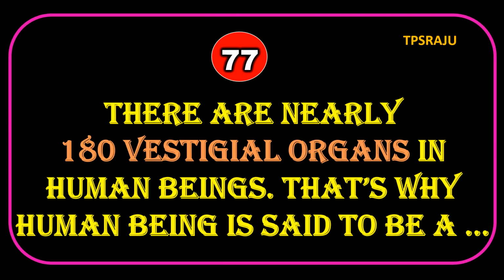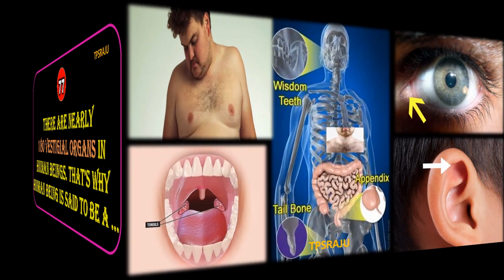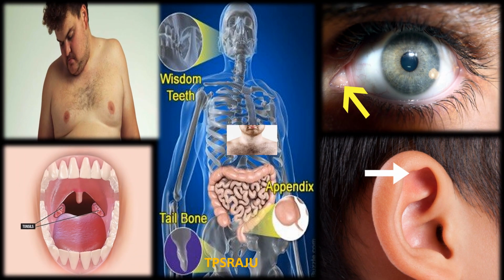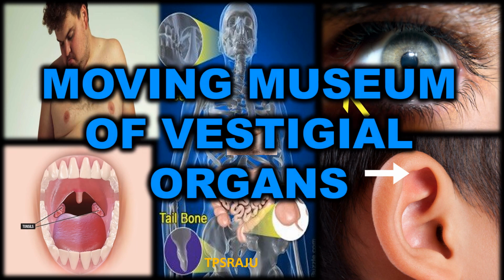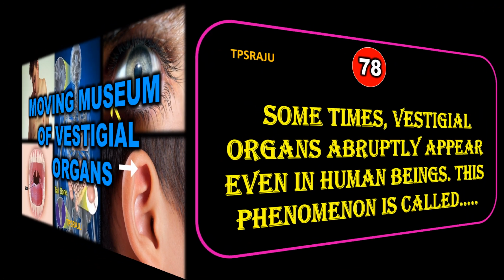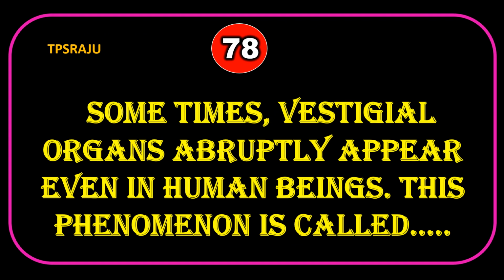There are nearly 180 vestigial organs in human beings. That's why human being is said to be a moving museum of vestigial organs. Sometimes vestigial organs abruptly appear even in human beings.